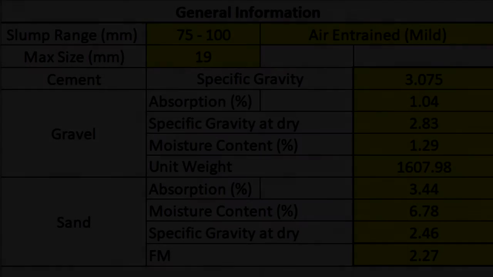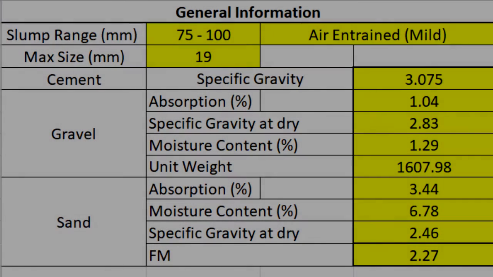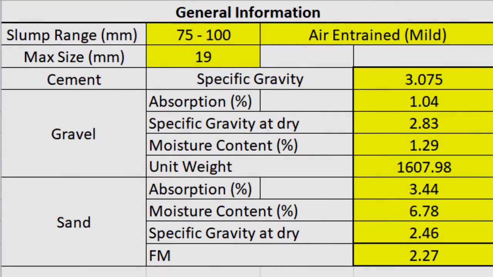Step 7 is the computation of required fine aggregate. The next step is the adjustment according to the moisture content of fine and coarse aggregates. And then, the next step is the laboratory trial mix, wherein the volumes are scaled down to about 20 liters or 0.02 cubic meter.